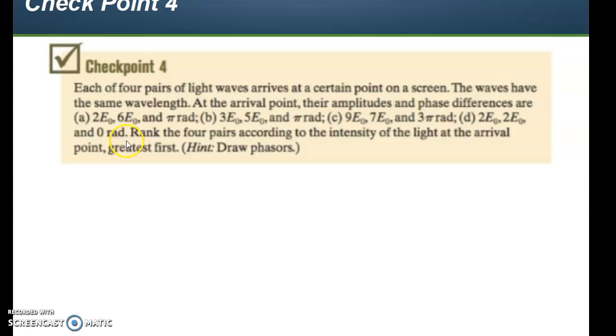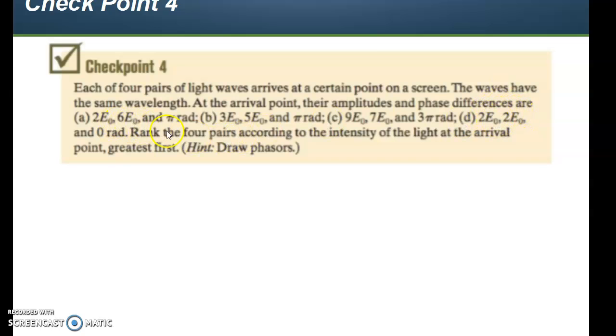And the idea here is that if you look at these, go over 2 on one side and go over 6 on the other side, and for a pi radians difference, what you're going to end up with there is a difference of 4 here, and you'll have a difference of 4 here, because 2 is on one side, 2 on the other side, it's a total of 4.